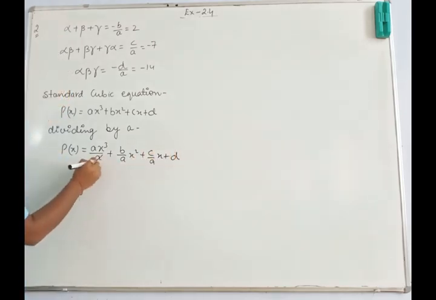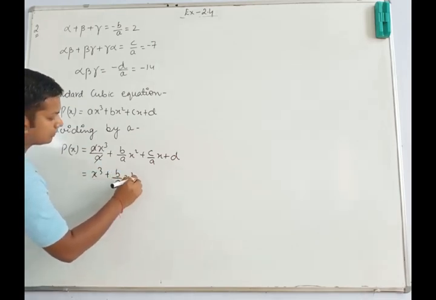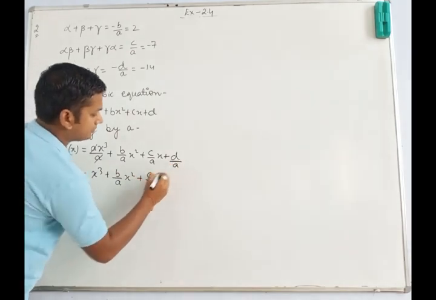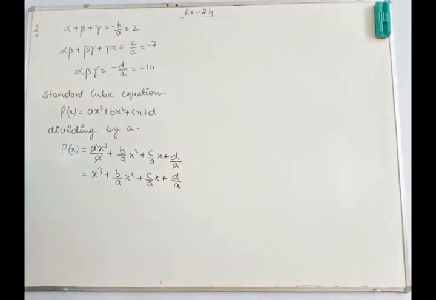Now a and a will get cancelled out, so it will become x cube plus b upon a x square plus c upon a x plus d upon a. Now c upon a is given, instead of b upon a it is given minus b upon a, instead of d upon a it is given minus d upon a.